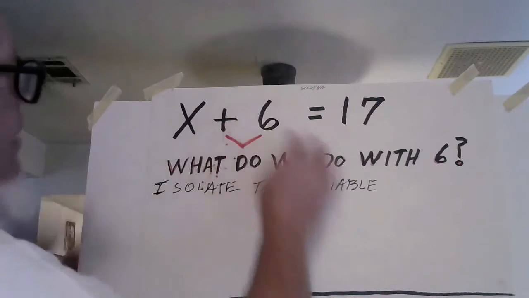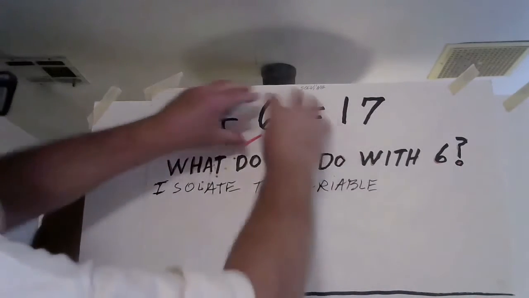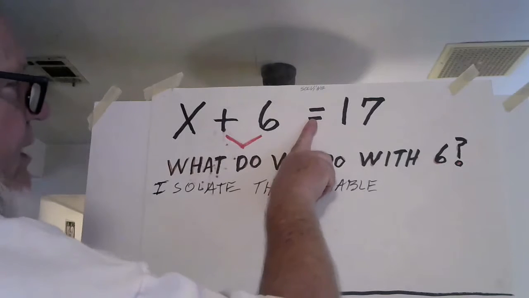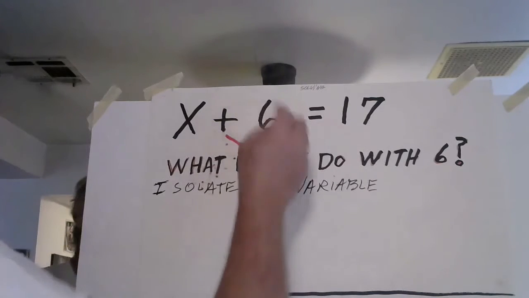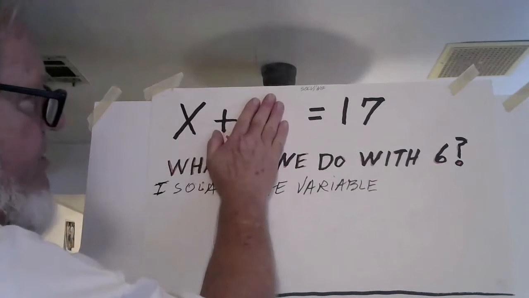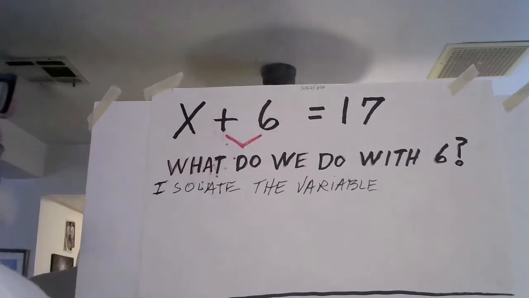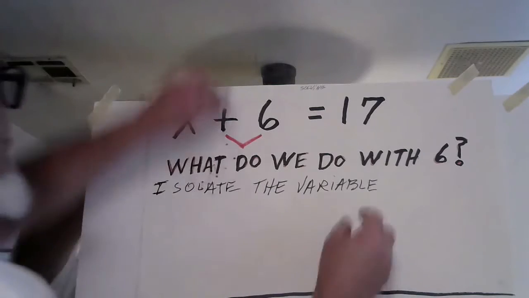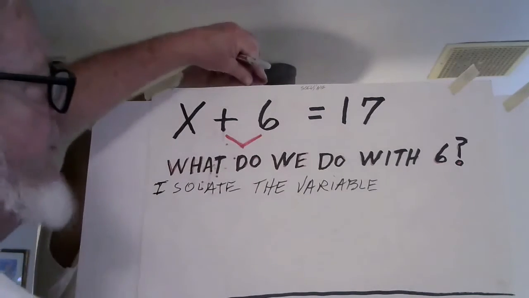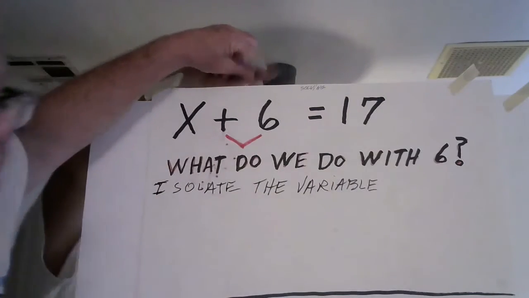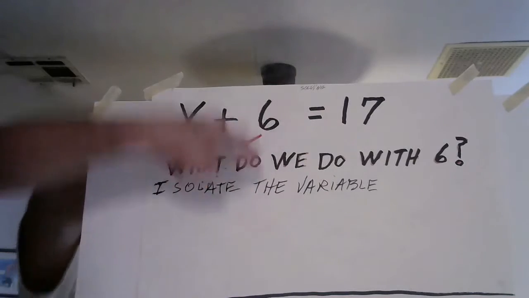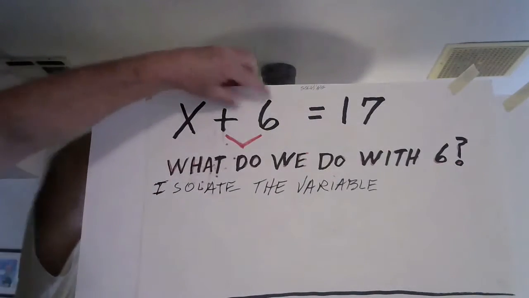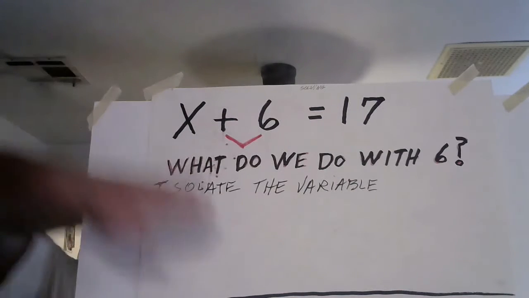If it was like a balanced scale where the equal sign was in the middle, and all we did was magically take away the 6, it would be out of balance. On a balanced scale, whatever you do on one side, if you put a weight on one side, you have to put the same amount of weight on the other side, or the thing becomes out of balance. The same thing goes here. So isolate the variable, and we're going to figure out how to do that.